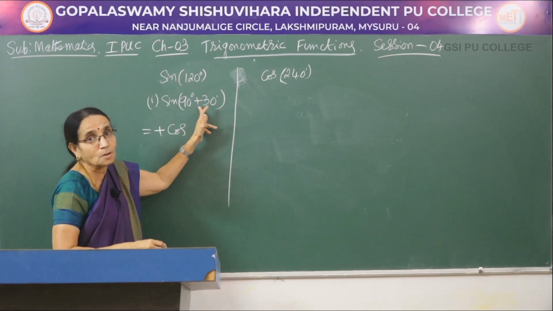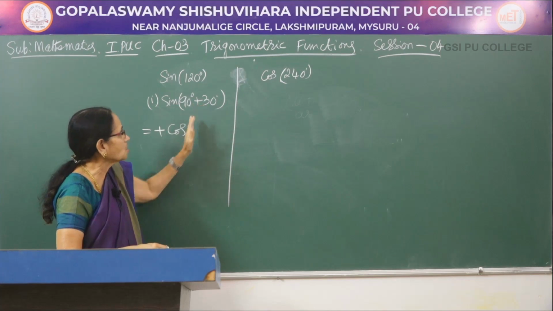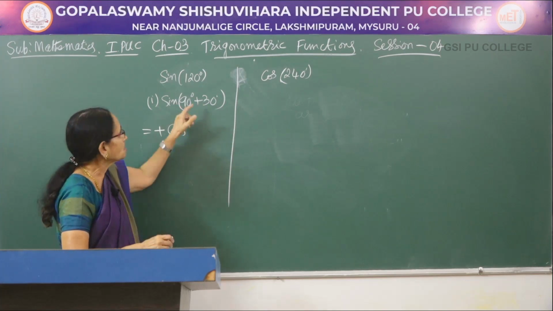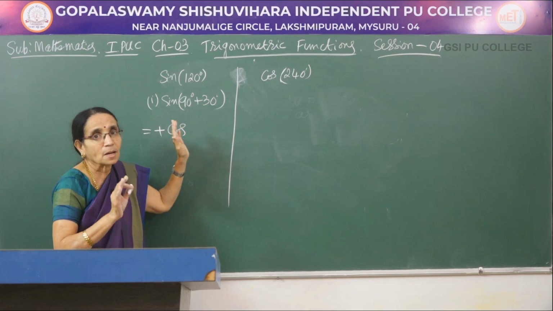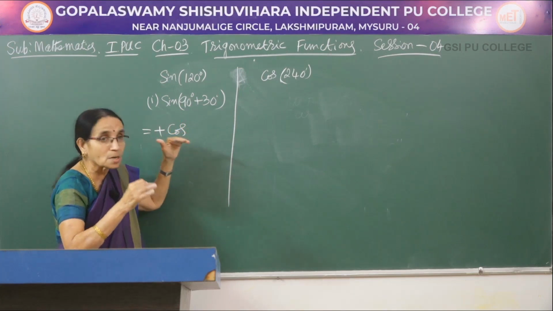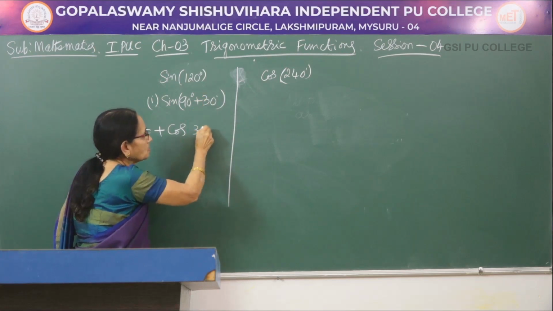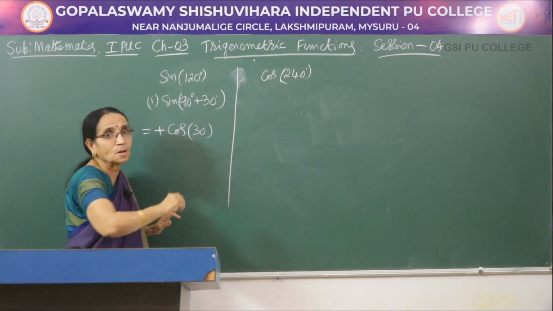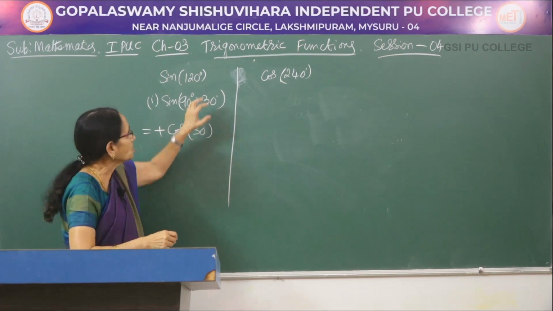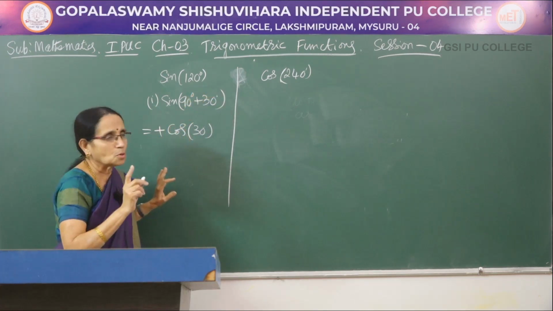Sometimes we write minus also here. So, this plus or minus, don't take that to the next step. Neglect this part, the quadrantal angle. Omit that one, write only this part here. Suppose you have written 90 minus 30, don't take minus here. Only this numerical value you have to consider.